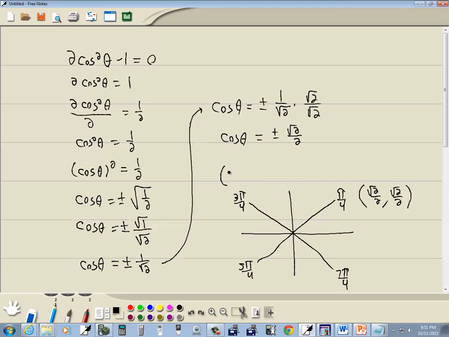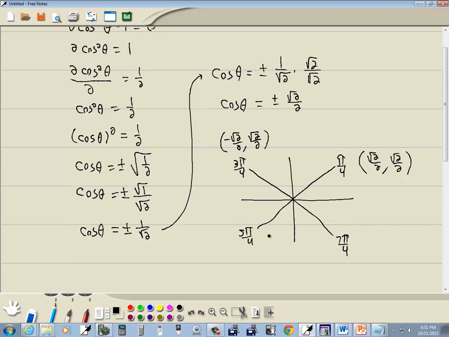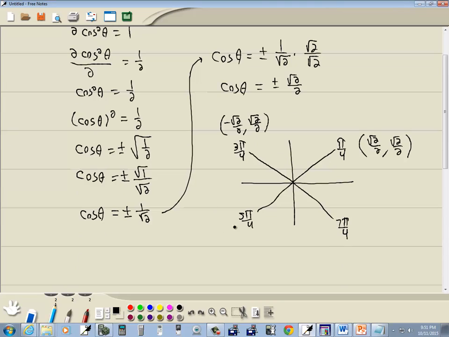This point here is negative square root of 2 over 2 and square root of 2 over 2. And scroll down a little bit. This point here is negative square root of 2 over 2 and negative square root of 2 over 2. And this point here is square root of 2 over 2 and negative square root of 2 over 2.